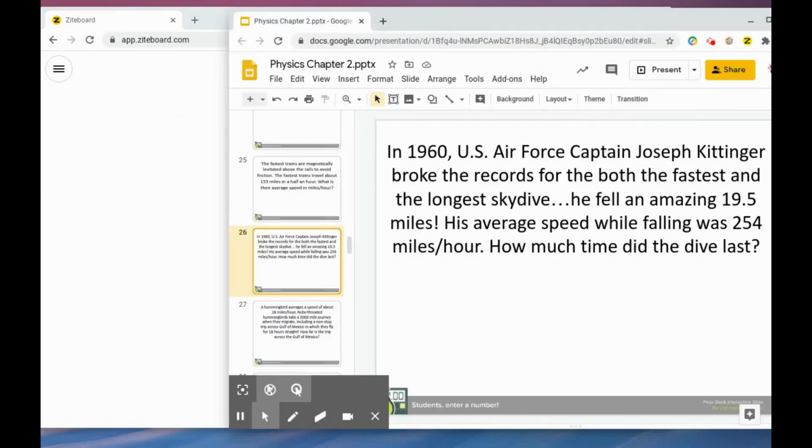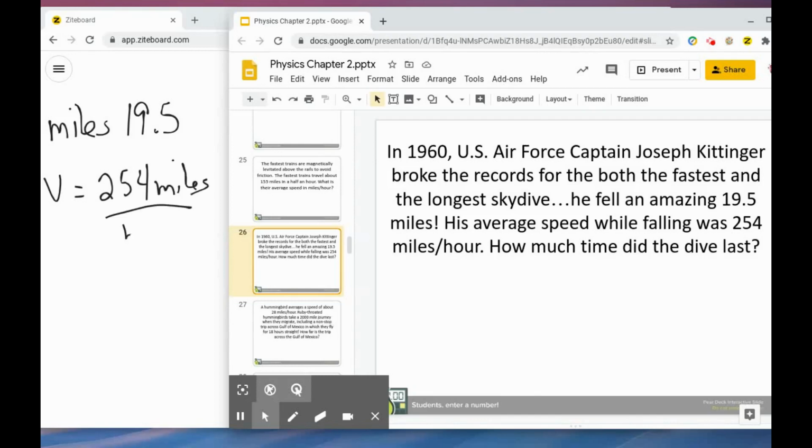In this last problem, it says the record for the fastest and longest skydive was 19.5 miles. So we'll write that down. And the average speed or velocity is 254 miles per hour.